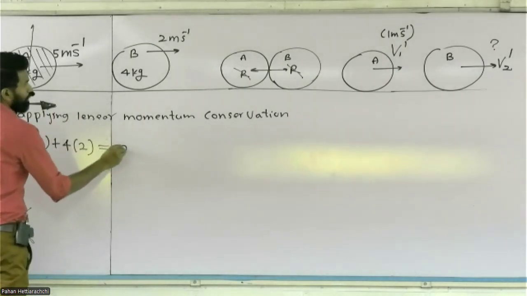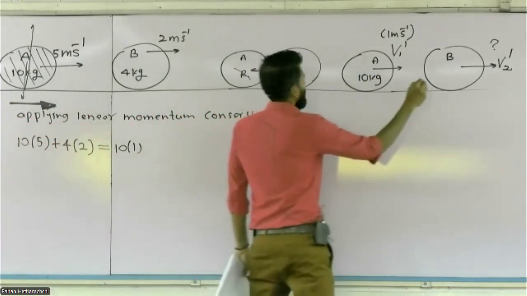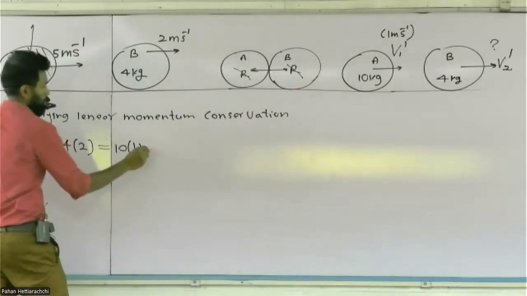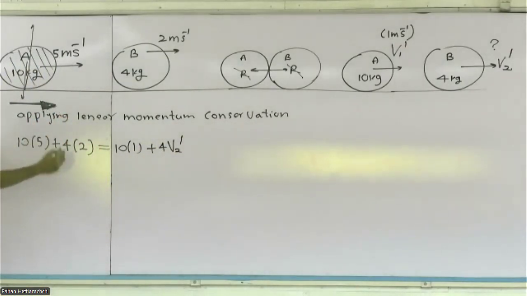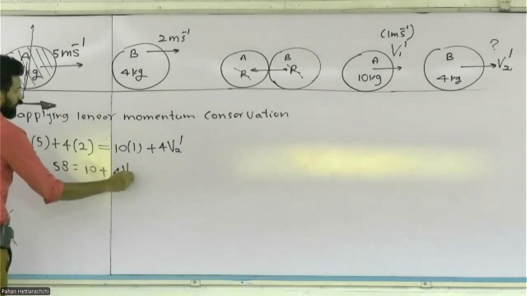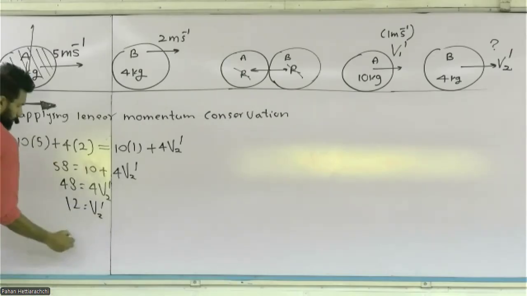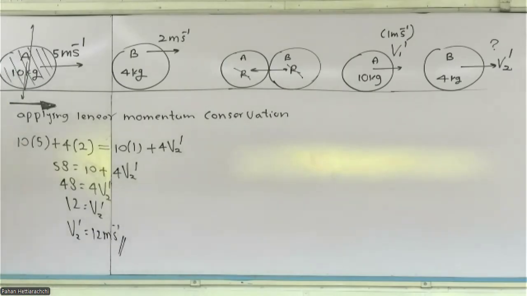Mass 10, velocity 1, and mass 4, velocity v2 dash. 58 is equal to 10 plus 4 v2 dash. 48 is equal to 4 v2 dash. 12 is equal to v2 dash, 12 meters per second.